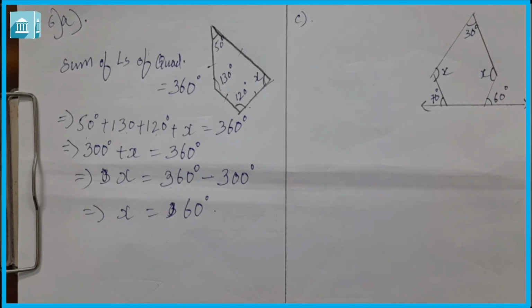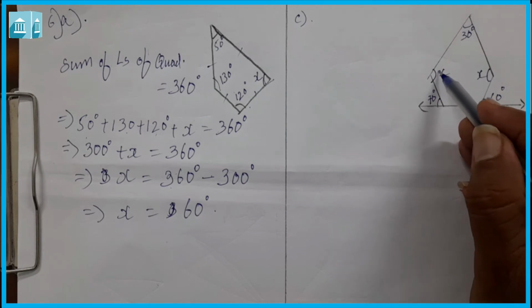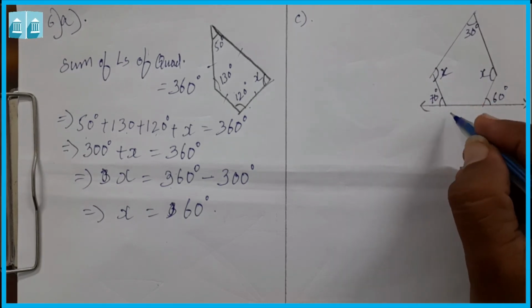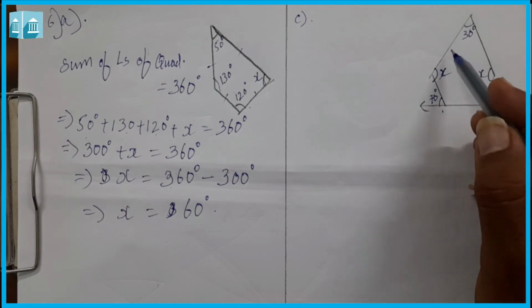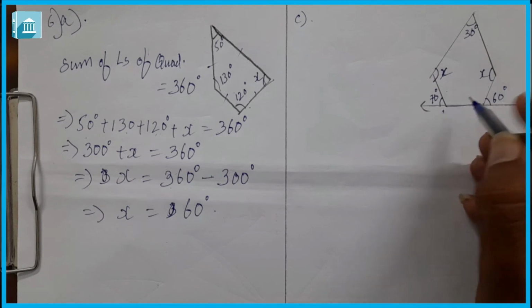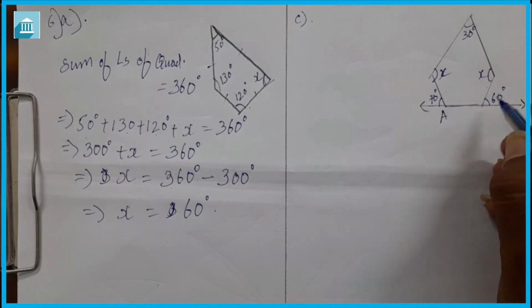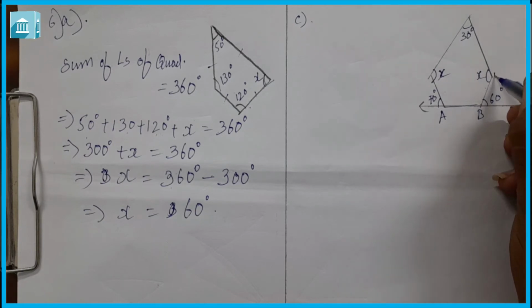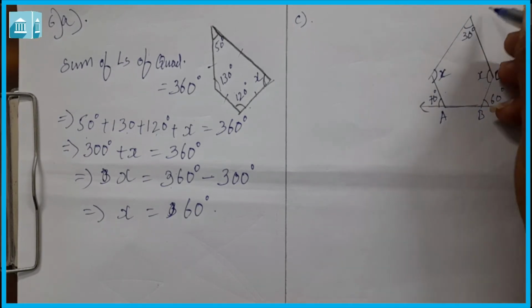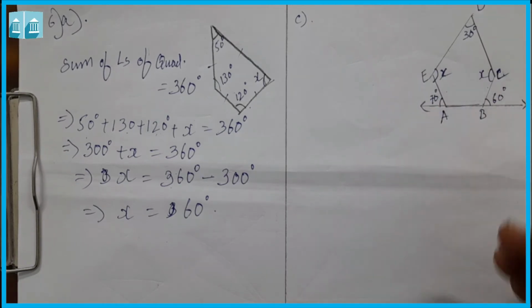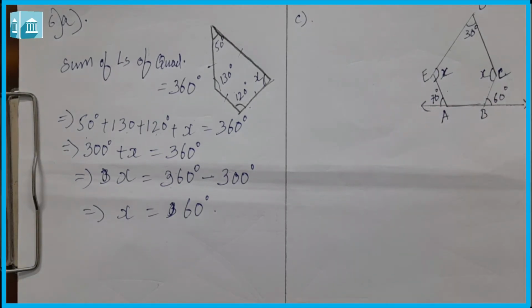Now we have to find the value of x. To find the value of x, we have to give names to this figure. This is our 1, 2, 3, 4 and 5. This is our pentagon. So we have to name it A, B, C, D and E.